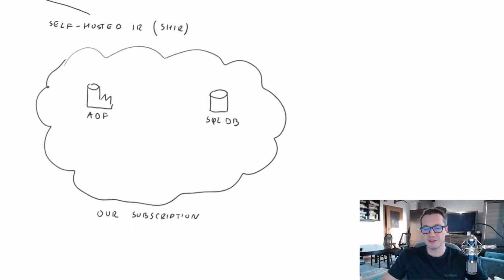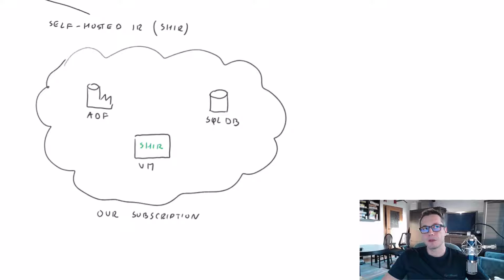So how to do it physically? Well, we need to provision a new virtual machine somewhere, let's say in Azure. So this is our virtual machine. Then we would install the self-hosted integration runtime on it, that part of the software that will allow this VM to communicate with Data Factory, and then we'll proceed and do some additional settings to make this connectivity work.